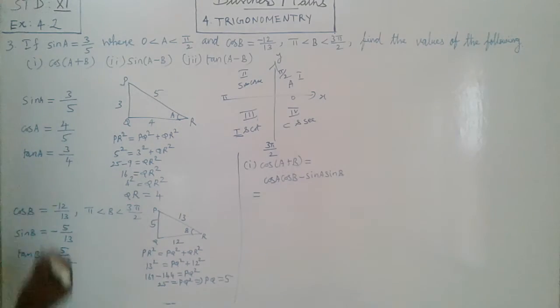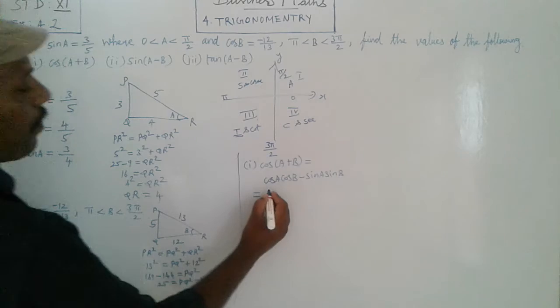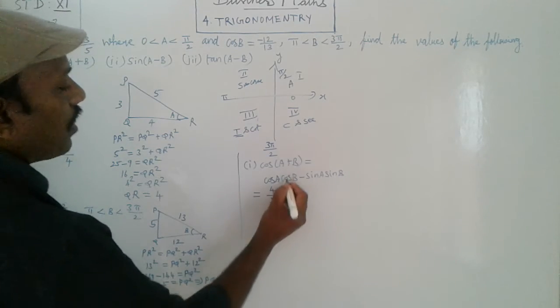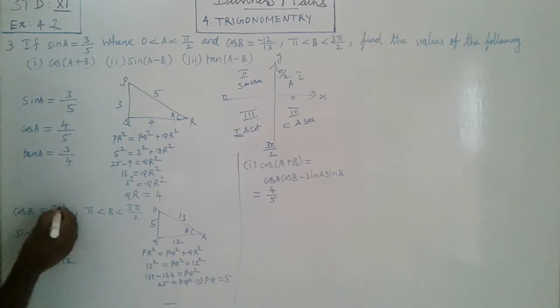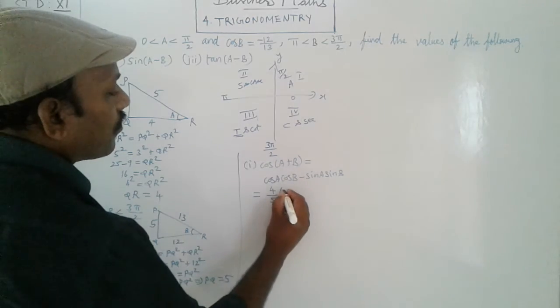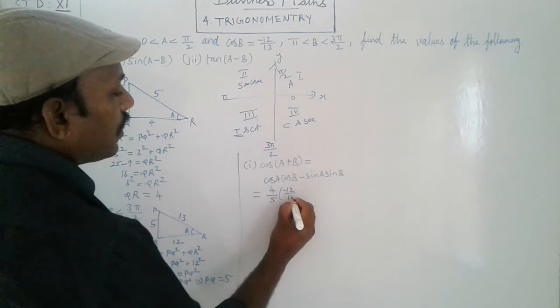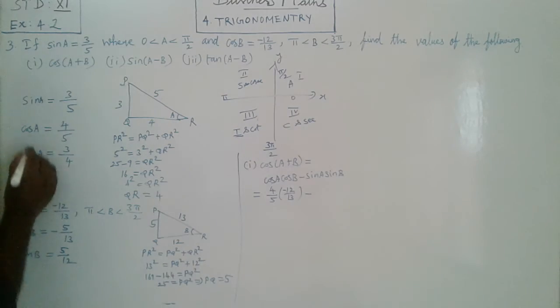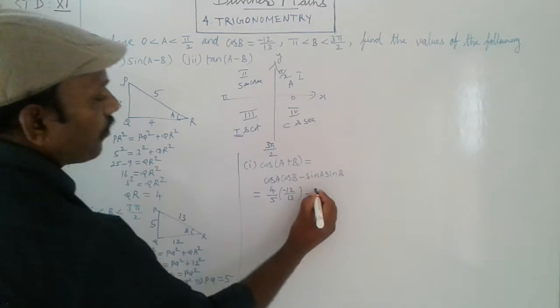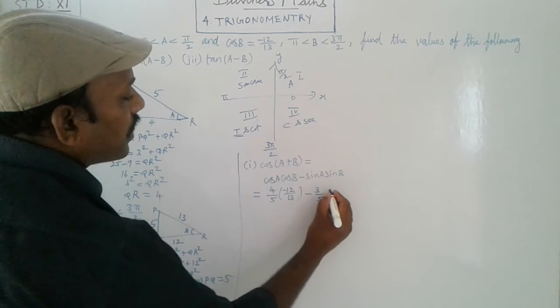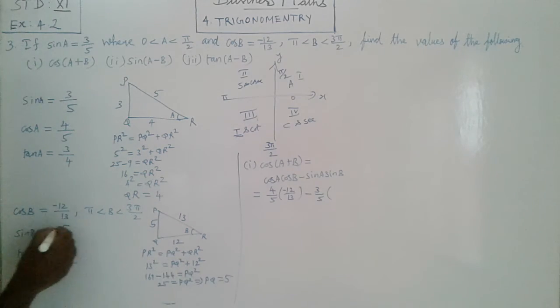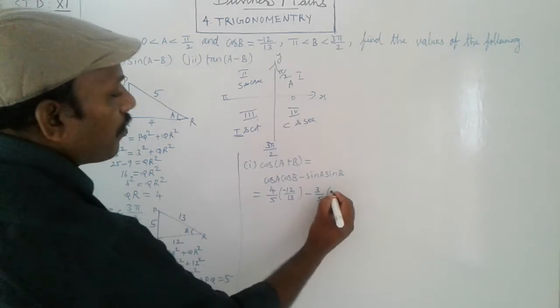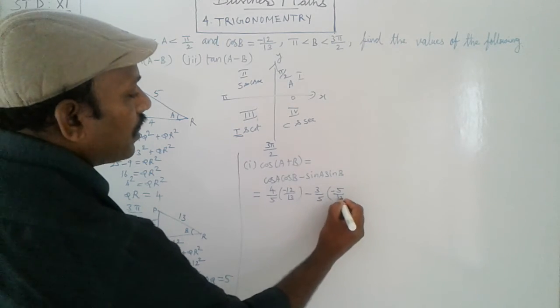Cos A is 4 by 5, cos B is minus 12 divided by 13, minus sin A is 3 by 5, sin B is minus 5 divided by 13.